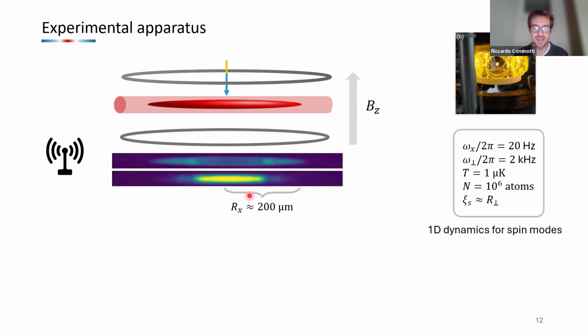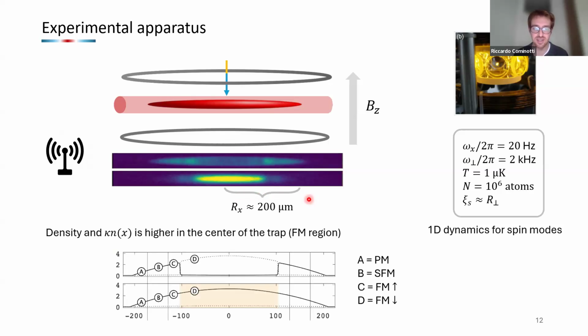Now, a nice thing of having a harmonic potential is that the density, and thus the spin interaction energy, is higher in the center of the trap. So if we can go to low enough values of the Rabi coupling, still maintaining the coherence of the radiation, we can engineer different magnetic phases in the same sample.